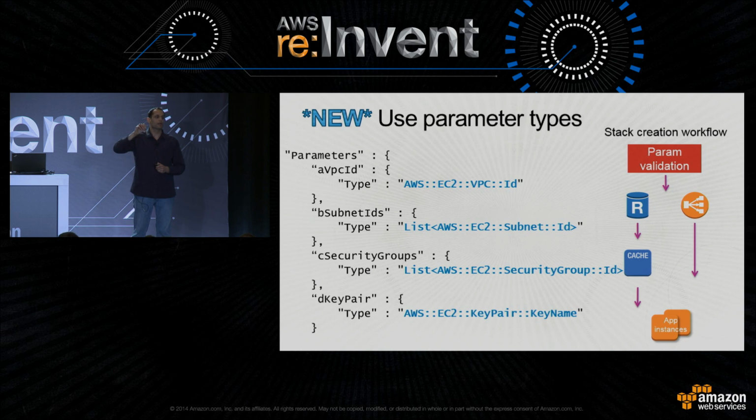Earlier, you had to wait a few minutes until CloudFormation went through its regular workflow and actually tried to create an instance that used some invalid parameter. Not anymore. If the parameter is invalid, it will be detected just in a few seconds, saving you a lot of time and effort and money.